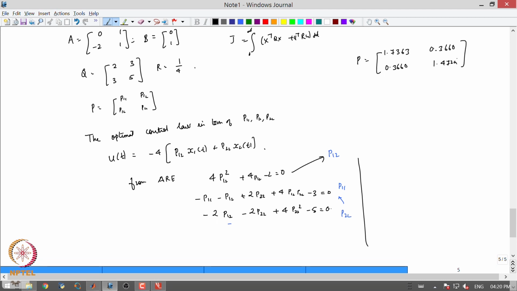Then I can plug this P into my optimal control law. The J minimum will just be as usual half x transpose 0 P x0, and that will be 7.9047.